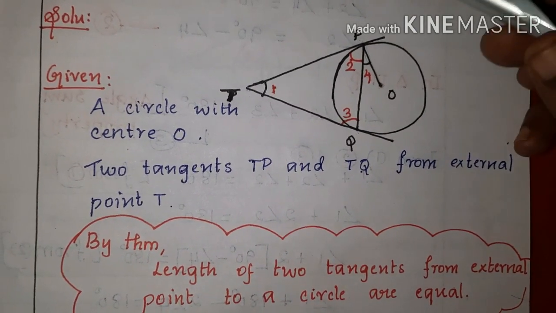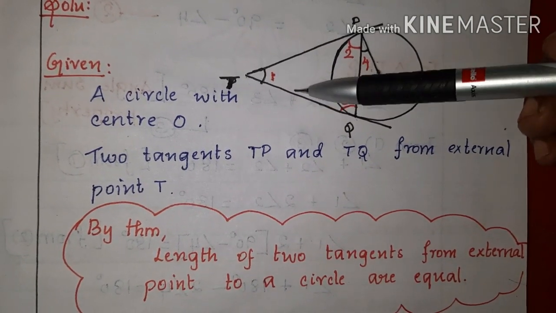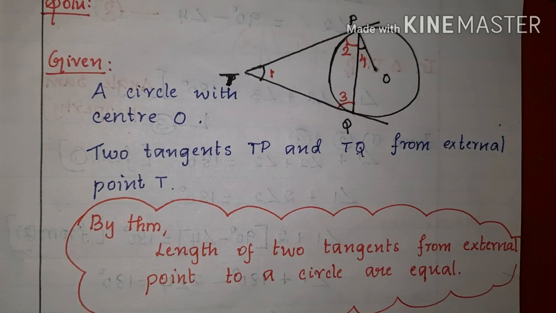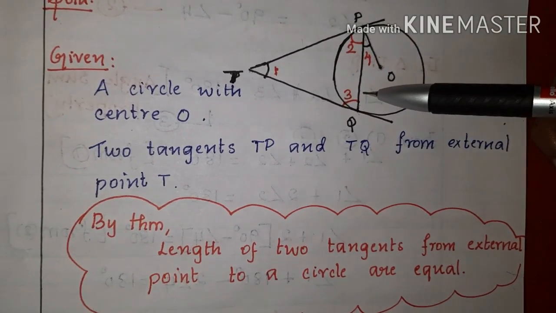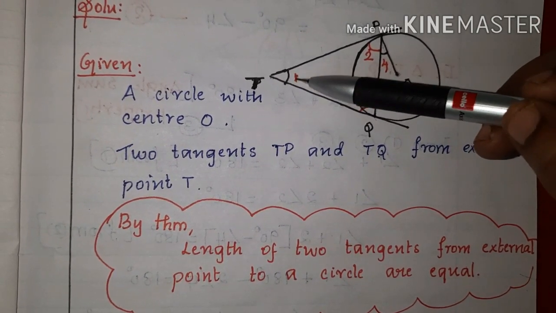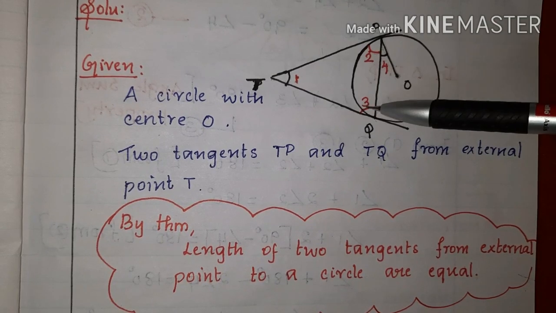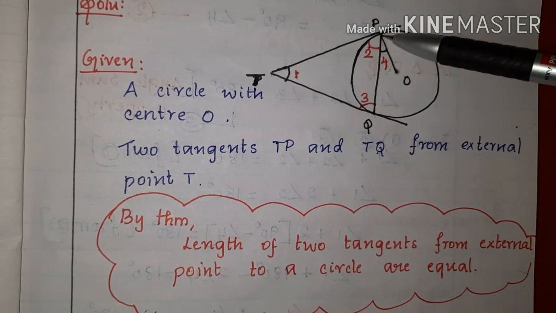So when it is said two tangents, immediately we will make use of theorem 10.2. That is, the lengths of the two tangents will be equal. Now here we are going to number the angles to make your proof very easy. So let me number these as 1, 2, 3, and here this one as 4. Now you get a triangle, isn't it?